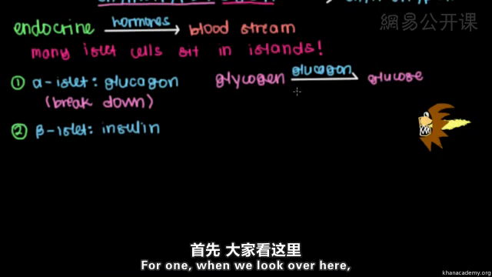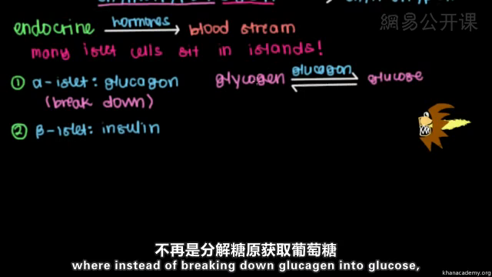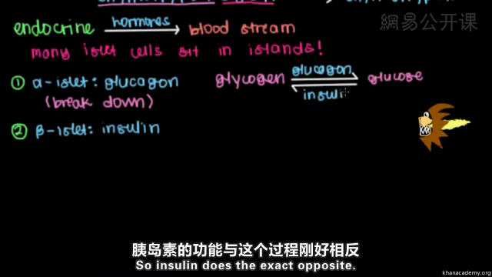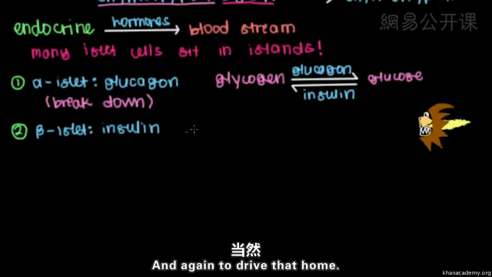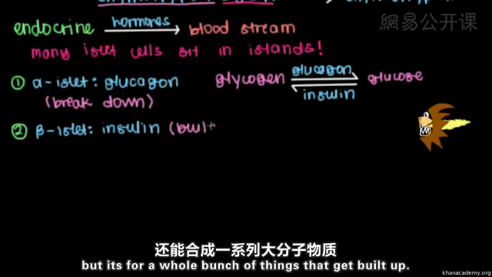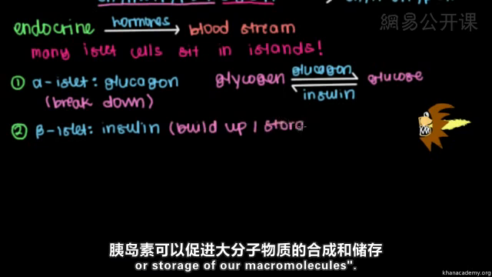For one, insulin is what causes the opposite of this reaction, where instead of breaking down glycogen into glucose, insulin causes glucose to be stored or built up into glycogen. So insulin does the exact opposite. And again, to drive that home, it's not just for carbohydrates, but a whole bunch of things get built up. So I'll write insulin is responsible for the buildup or storage of our macromolecules.